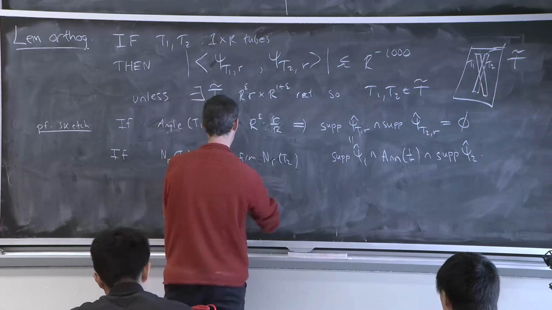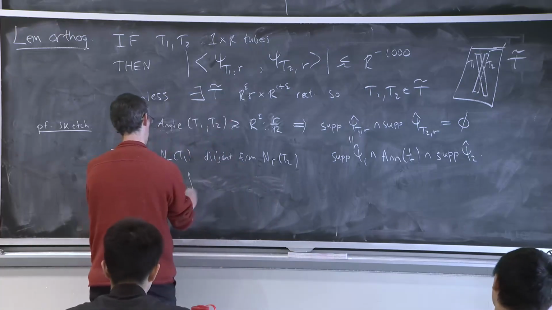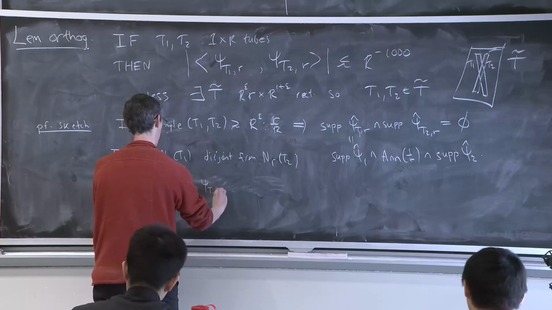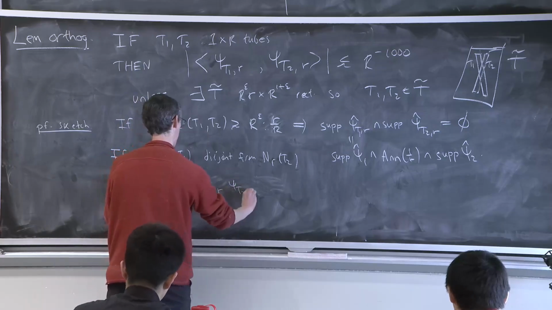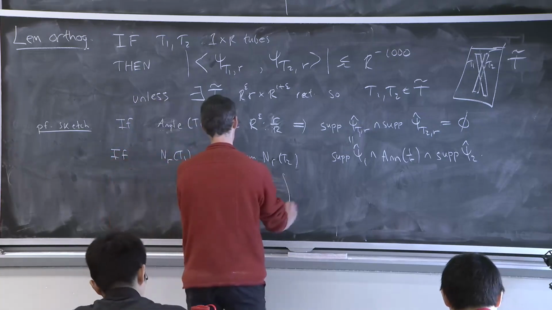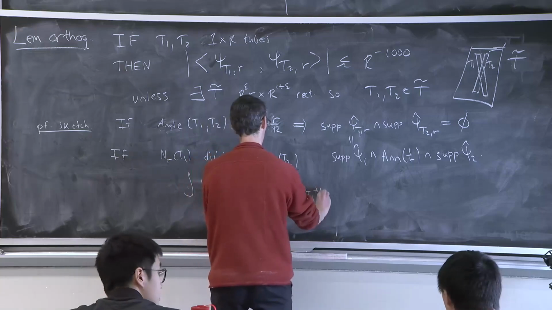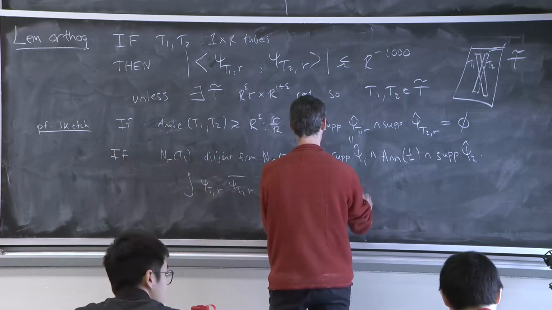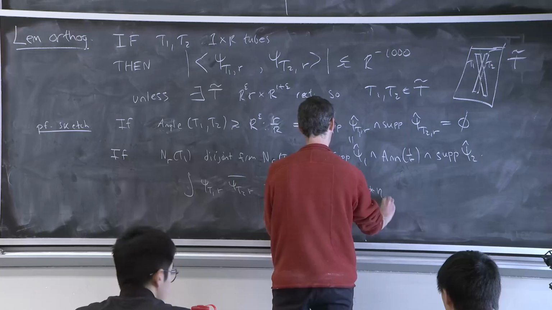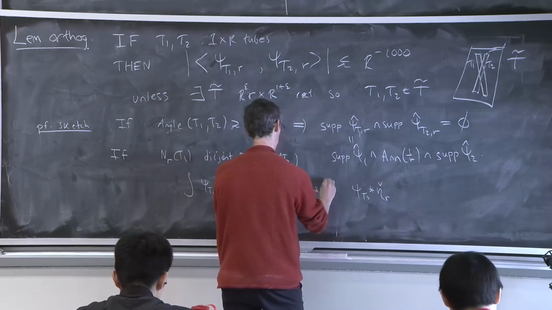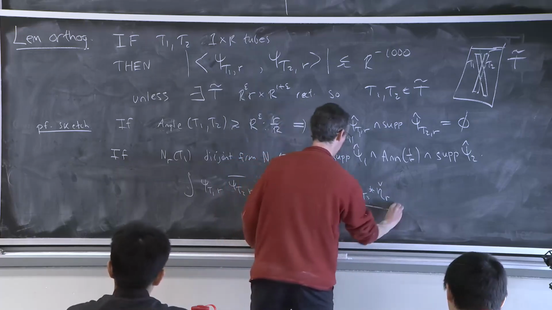So then we have here the integral of CT1R CT2R complex conjugate. It's the integral of CT1 convolved with eta 1 and CT2 convolved with eta R check. And these two guys have disjoint support.